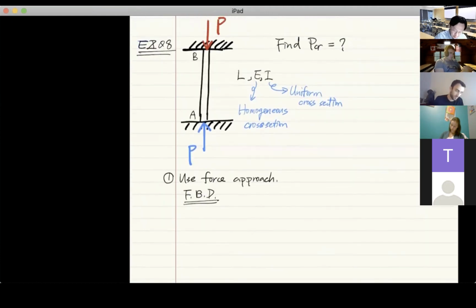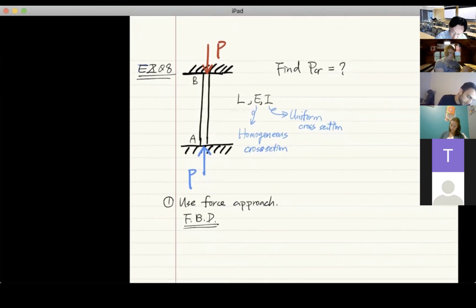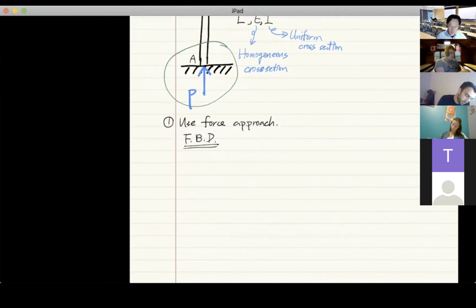If we take this region to look at the kinematic description of this deformed column, you will know that with the boundary condition, when the column joins support A, the right angle must be preserved.